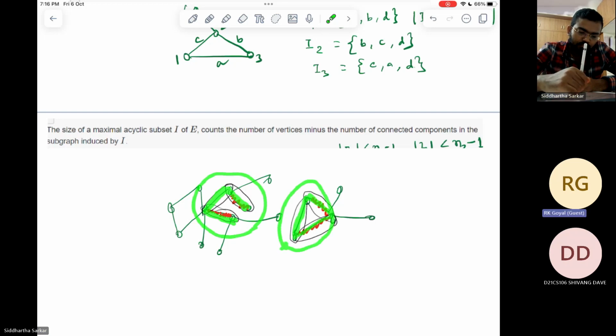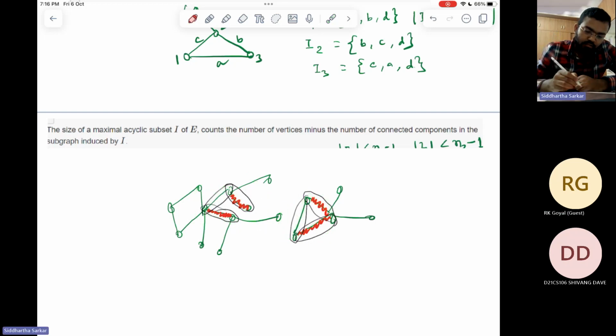In this case, the size of I is what? How many edges are there in I? There are four edges. I is just the red edges.